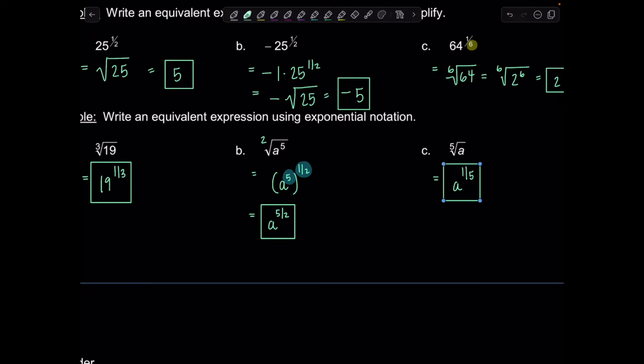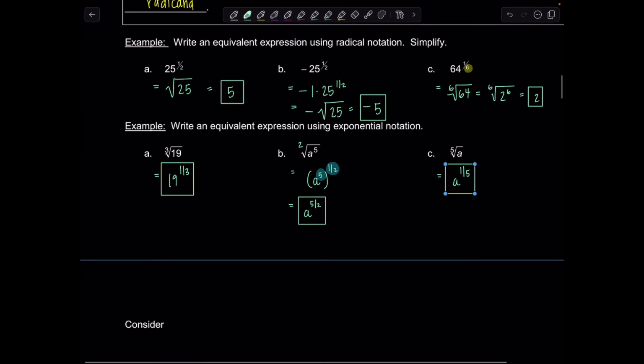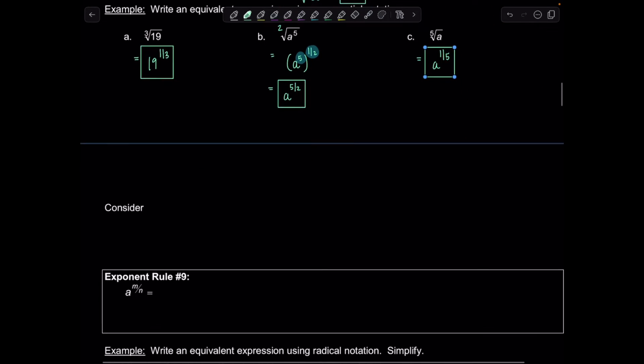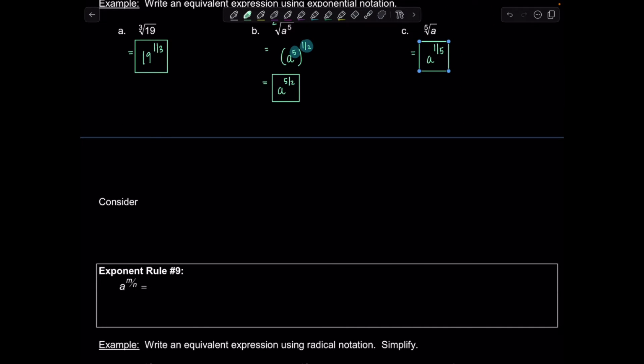All right. Good. Now we're going to add one more exponent rule to our list. I want you to consider the following. If we have x to the 2/3, there are 2 ways you can think about this. You could think of it as x to the 1/3 squared, which if I rewrote that using radical notation, would be the cube root of x, squared.